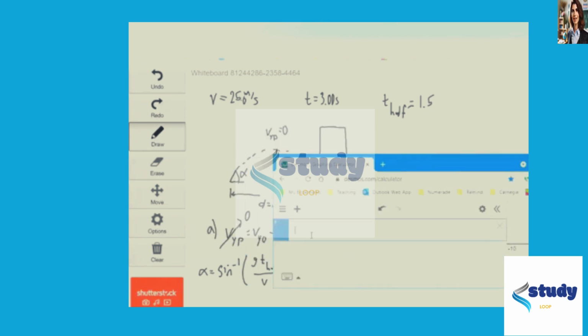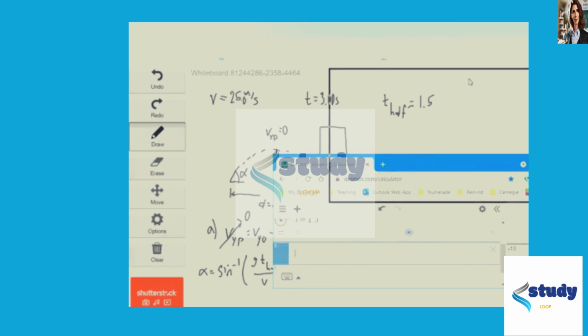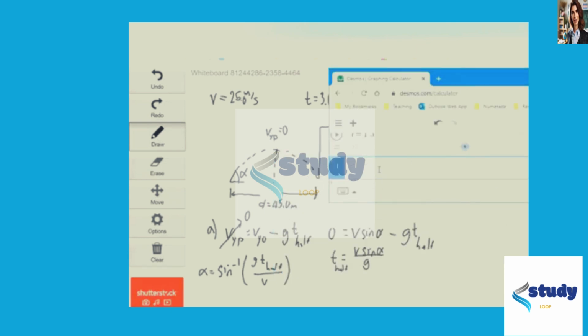I also like to declare my variables. V is 25. T half is 1.5. So now alpha equals inverse sine of g, which is 9.81, times t over v. So that's going to be 36.1 degrees.